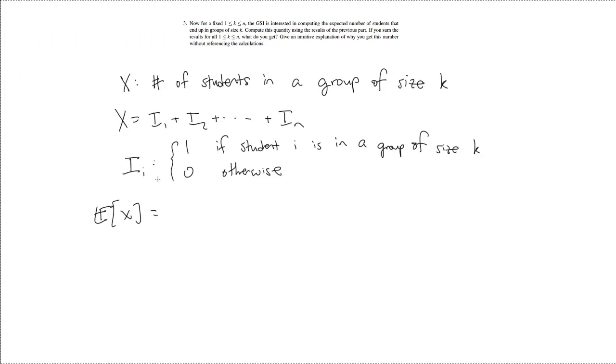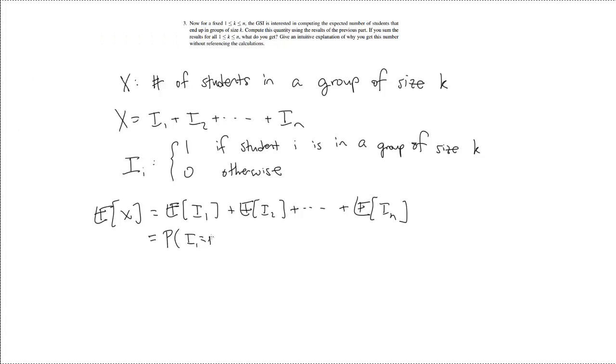Now, using the linearity of expectation, we have that the expectation of X is equal to the expectation of I1 plus the expectation of I2 all the way up to the expectation of In. Now, the expected value of an indicator random variable is just the probability that the indicator random variable is equal to 1.